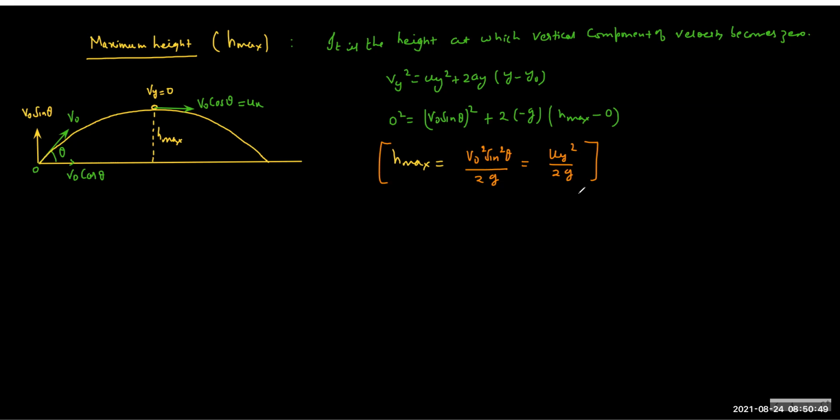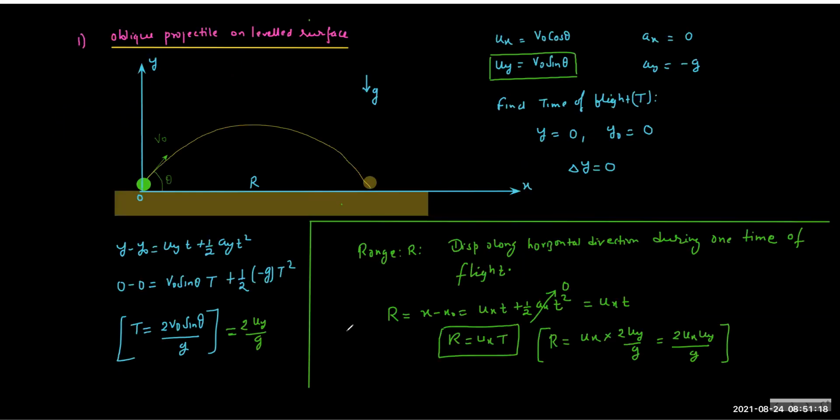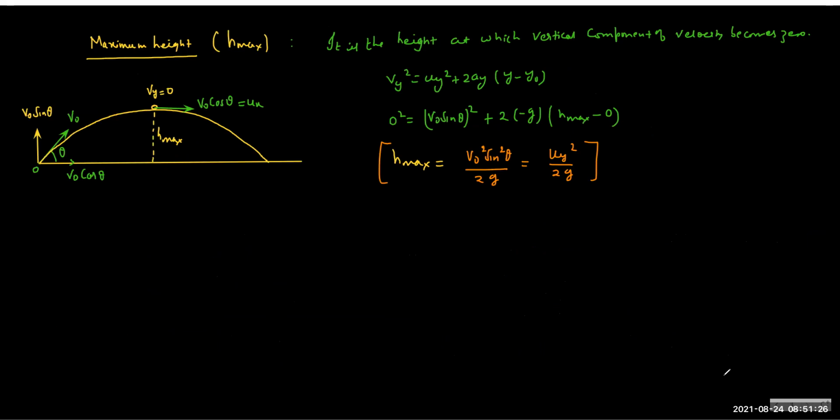So if you are throwing various projectiles with different speeds and at different angles such that the y component turns out to be the same, then in all cases they will have the same maximum height. We have also seen previously that time of flight is also a function of only the y component. This is a very important result, and it will help you in answering some theoretical questions.